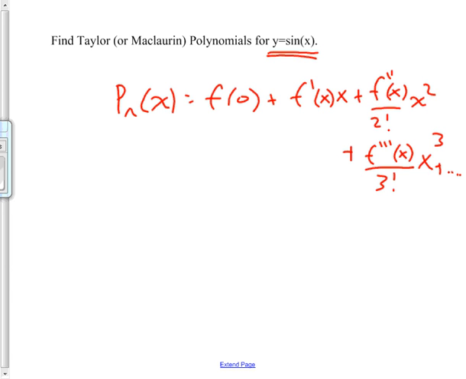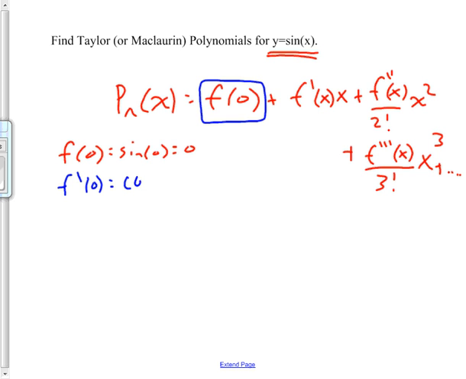Let's find f of 0. Sine of 0 we know is 0. So we've got this initial part. And let's take its derivative. So f prime of 0 equals, well, the derivative of sine is cos, at 0. Cos of 0 is 1.